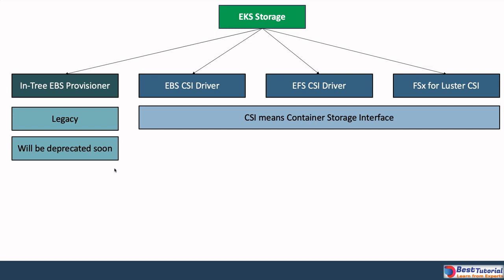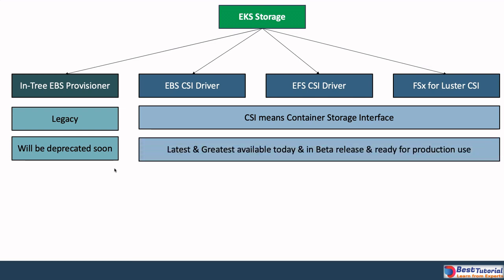But the core thing here is that we are going to primarily discuss the EBS CSI driver in our upcoming lectures, and we will leverage this driver and the EBS service in AWS to have persistent volume mounts for our MySQL database.